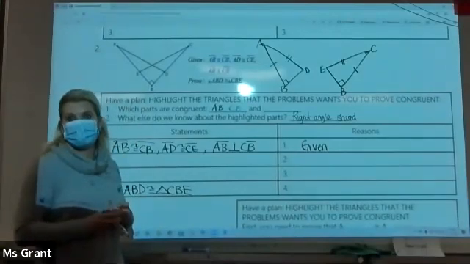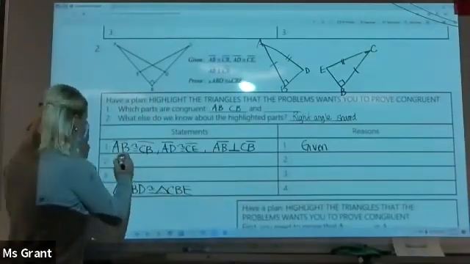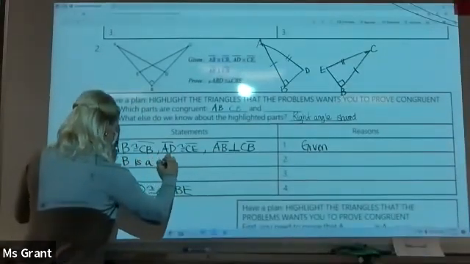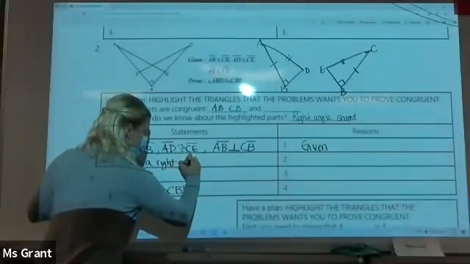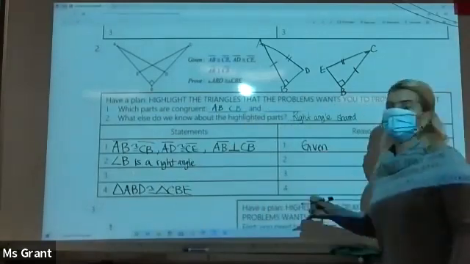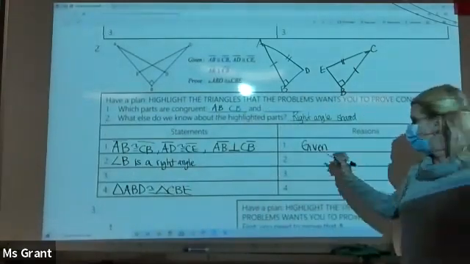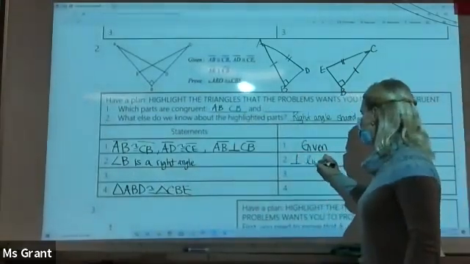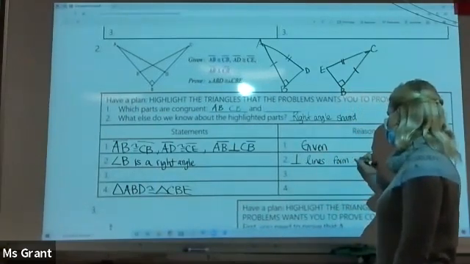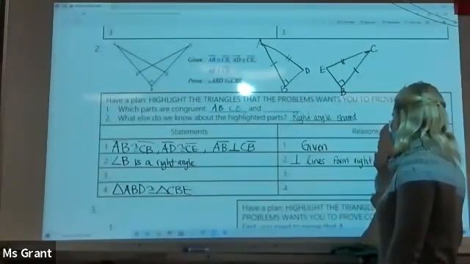A right angle. So there it is. Because I know that they're perpendicular, I can say angle B is a right angle. And my reason would be perpendicular lines form right angles.